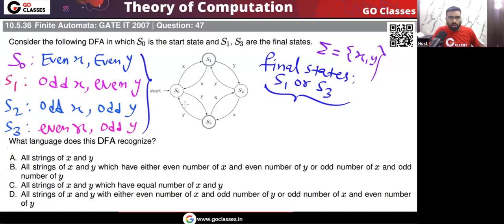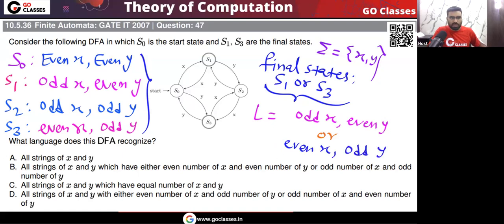That will be odd X, even Y, or even X, odd Y. So the language will be like this. So the final answer will be option D. Is this clear? You can see even X, odd Y, or odd X, even Y. So that is the correct answer.